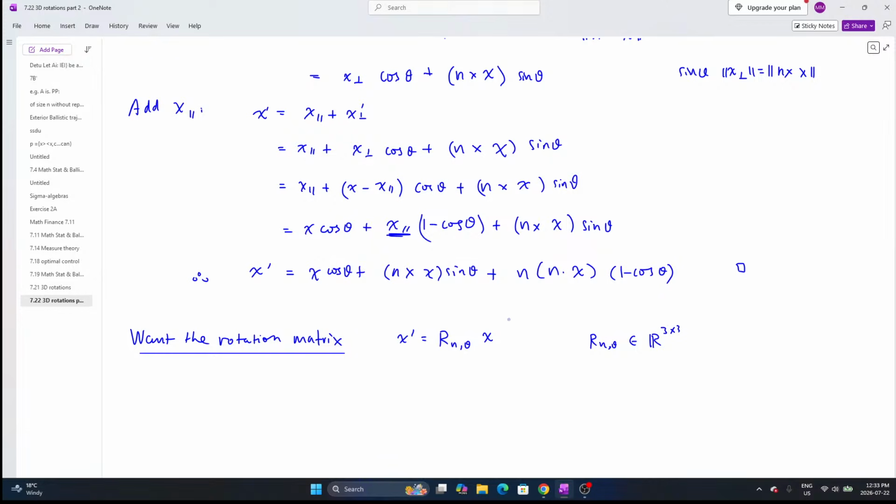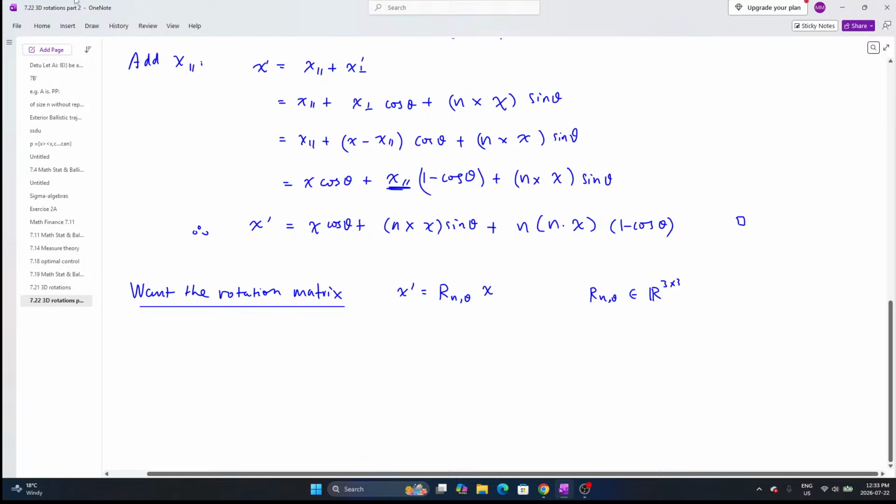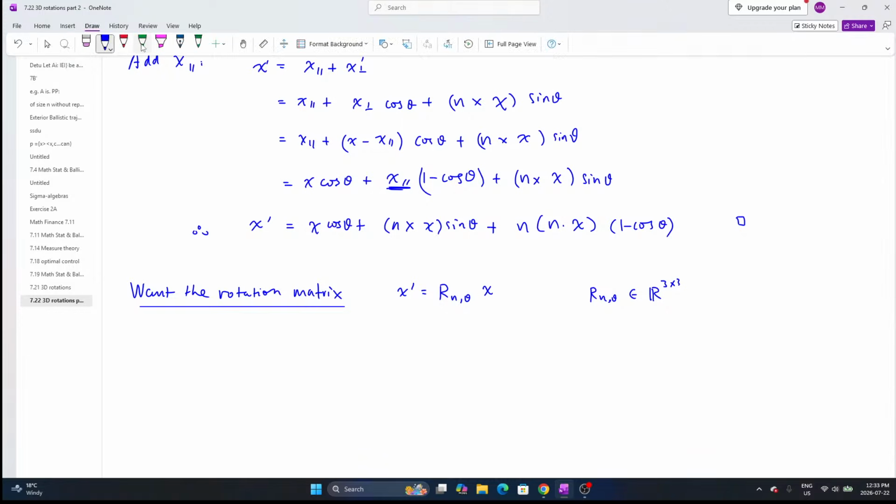So here we need to introduce a topic that we didn't have time to cover yesterday. That is, the cross product can be expressed as a matrix vector multiplication. So this is our interlude.